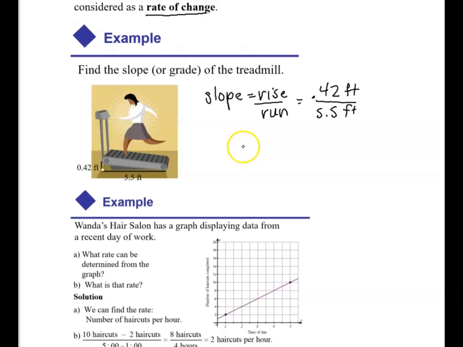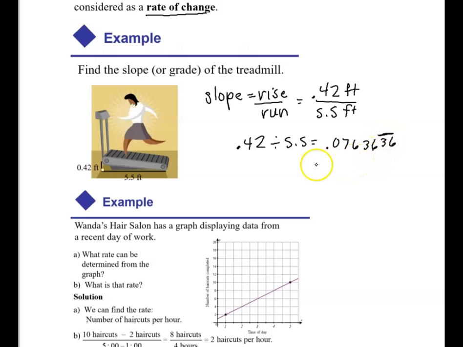To get the percentage part, remember that this fraction is really a division sign, so we would want to do 0.42 divided by 5.5, and we would get 0.0763636, and this keeps repeating.